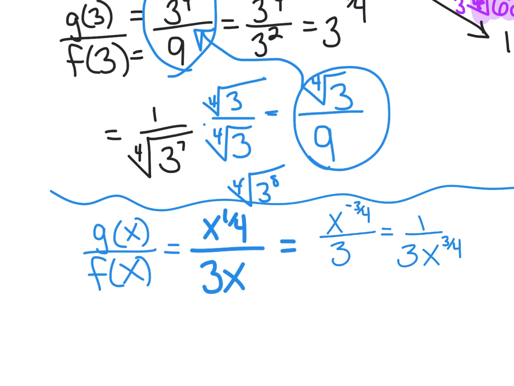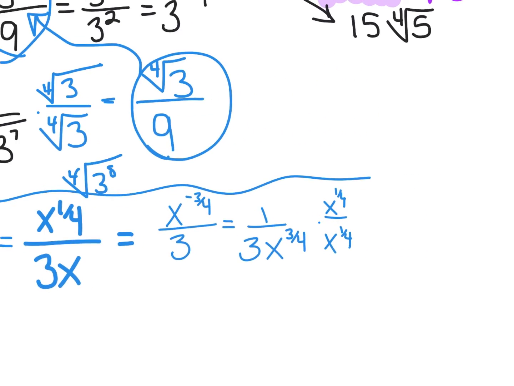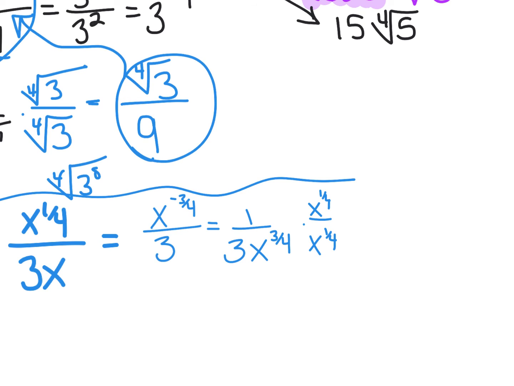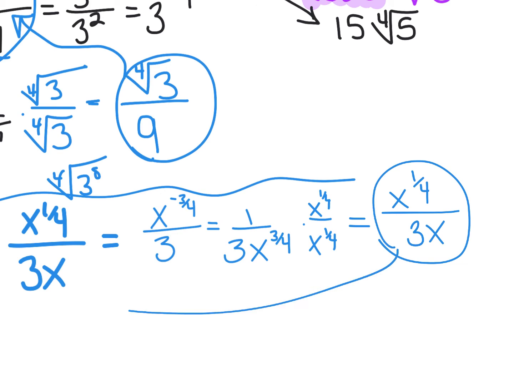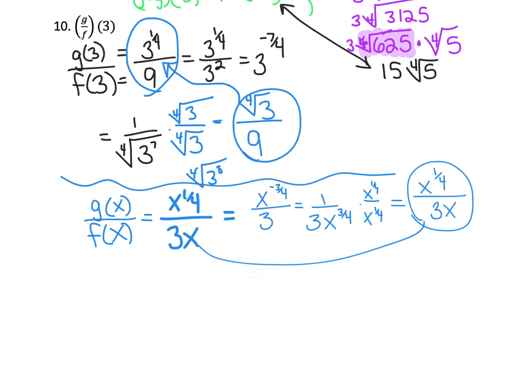And now I'd need to rationalize my denominator by multiplying by x to the 1/4, top and bottom, and that would produce 1 times x to the 1/4 is x to the 1/4 over 3/4 plus 1/4 is 1, so just 3x here, and check it out, it's exactly the same as my very first step.